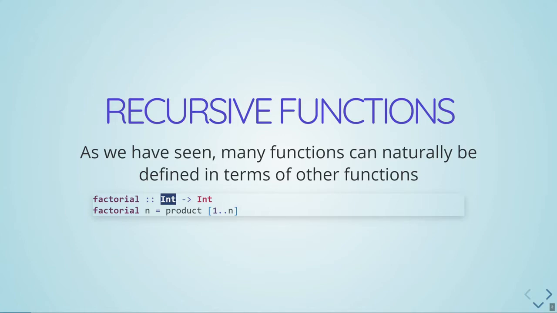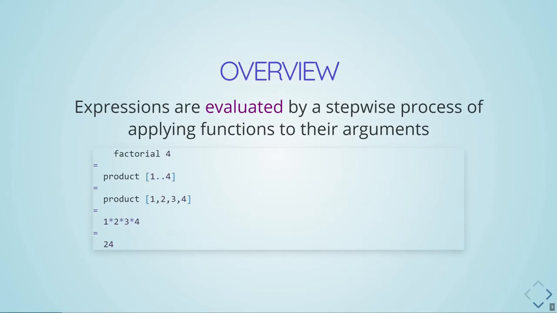So one way we could define this is in terms of the product function that takes a list and multiplies everything in that list. And then we use this sort of list generation syntax to make the list of 1 to n. If we were to consider how that function was evaluated, we first remember that everything is evaluated like an expression, and we move through a stepwise process of evaluating whatever has the most precedence first.